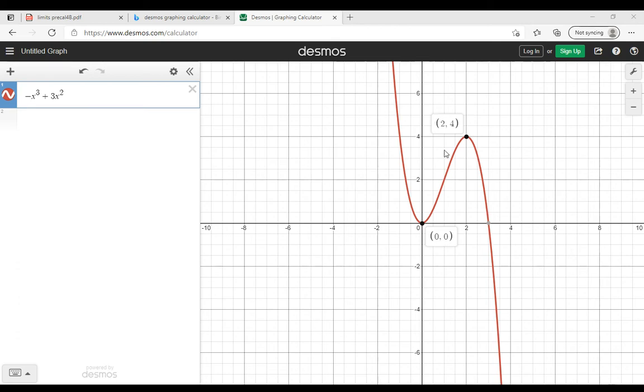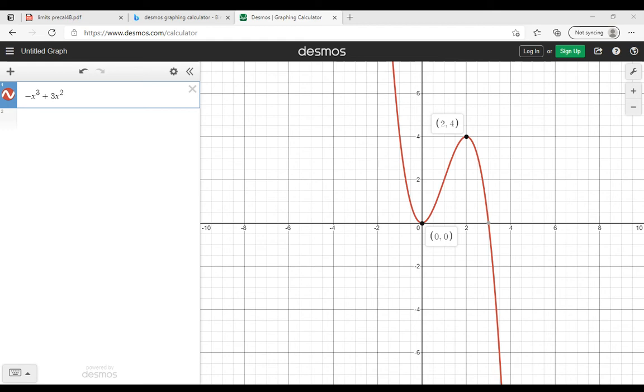So to calculate your increasing and decreasing interval, always start on the left-hand side, and you're going down until you get to this point. So this is what they call a decreasing interval, okay? You're starting at negative infinity and you are stopping at 0.